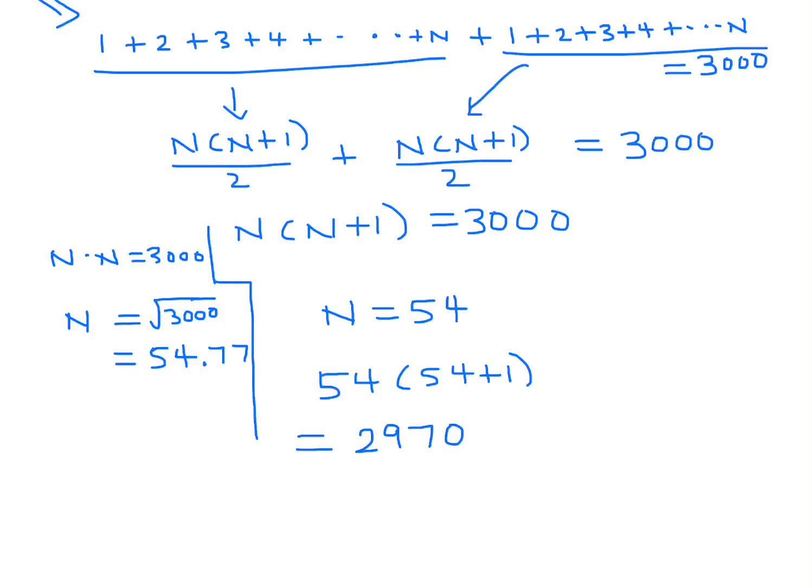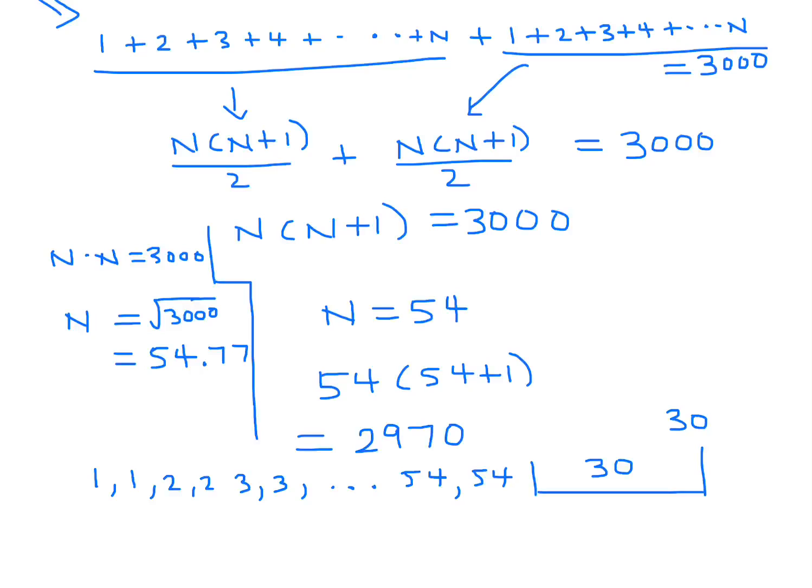That means that when Dana gets to 2,970, he has essentially drawn 1, 1, 2, 2, 3, 3, all the way up to 54, 54. And then he's got 30 centimeters remaining to get to that magical 3,000 number. And up until this point, it was 2,970.